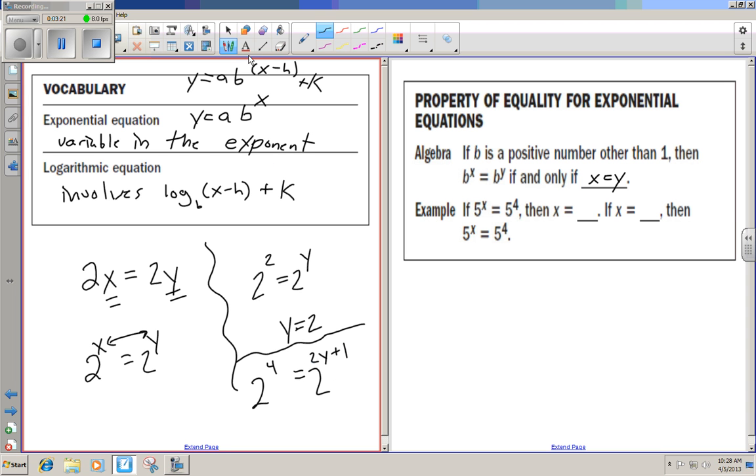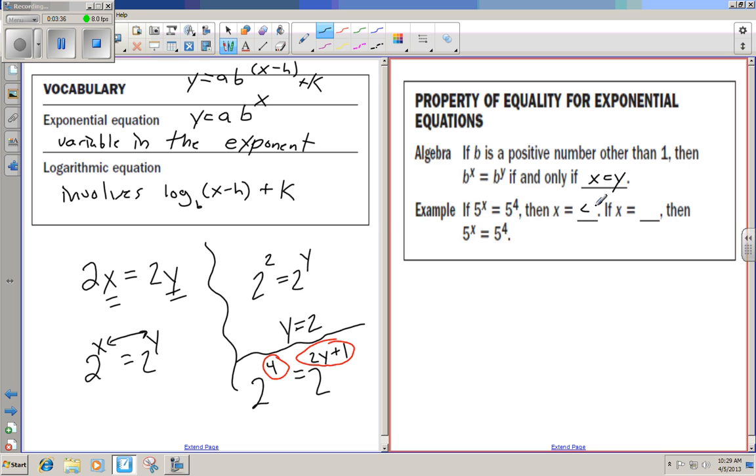But you still look at the exponents. This exponent should equal this exponent. So to answer this next part, if 5 to the x is equal to 5 to the 4th, then x equals 4. And if x equals 4, then 5 to the x should equal 5 to the 4th.